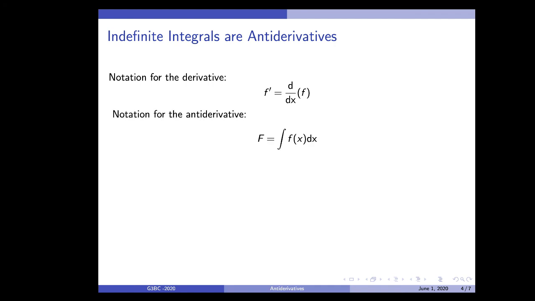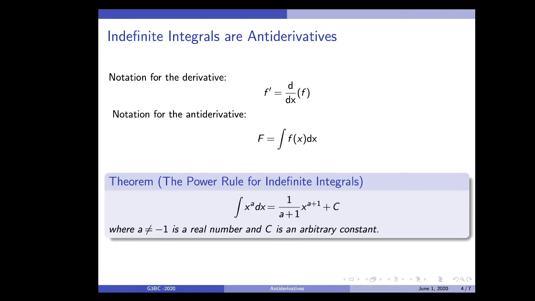Similarly, you can write an antiderivative by switching from a small letter to a capital letter, as we've done, or by writing it as an indefinite integral. It looks like an integral, but the limits at the bottom and the top are missing. So it is no longer a definite integral, but an indefinite integral.